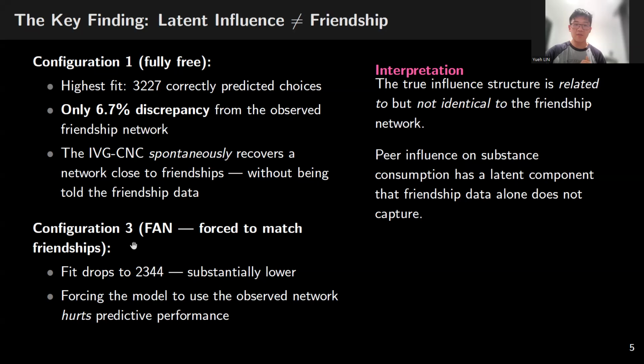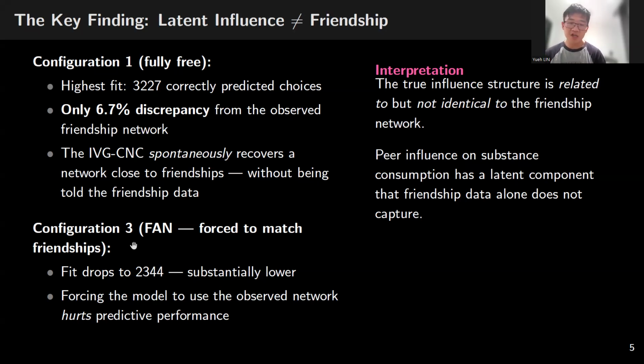This tells us something important: the observed friendship is not the right influence network for substance use. Actually, the real influence structure related to friendship is not identical to it. There is a latent component behind this.